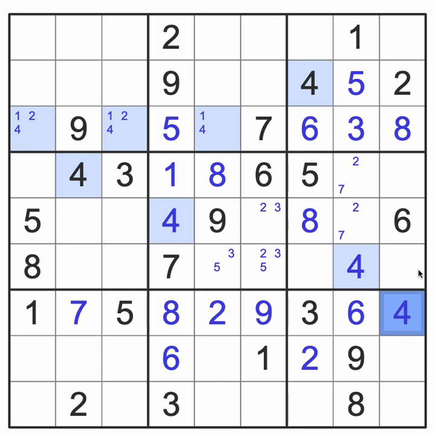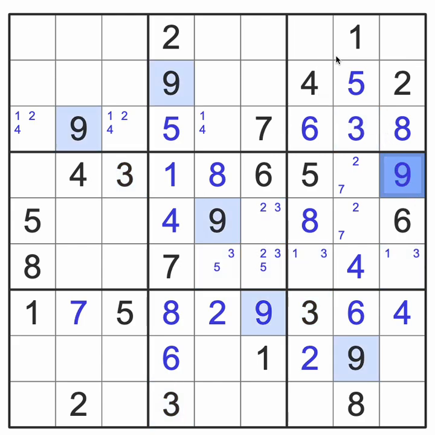Ooh, these are 1, 2, 3. 1, 3, 9. Okay, so because these will be 2, 7 double, these 3 cells will be filled with 1, 3, 9. And this cell is blocked by 1 and 3, giving me 9 here.